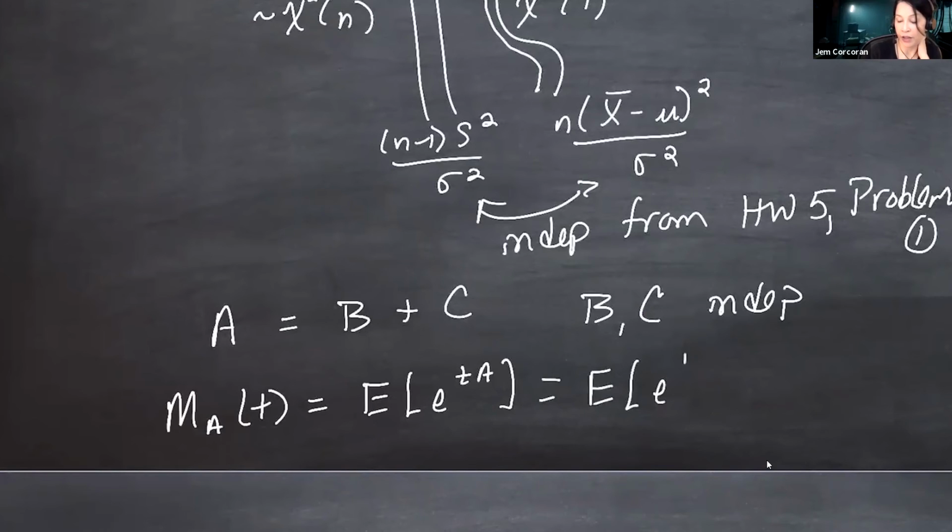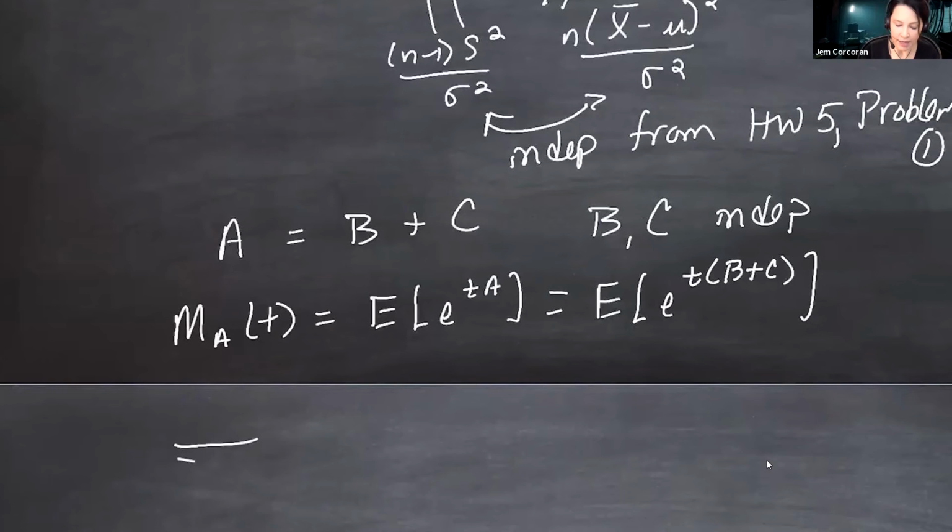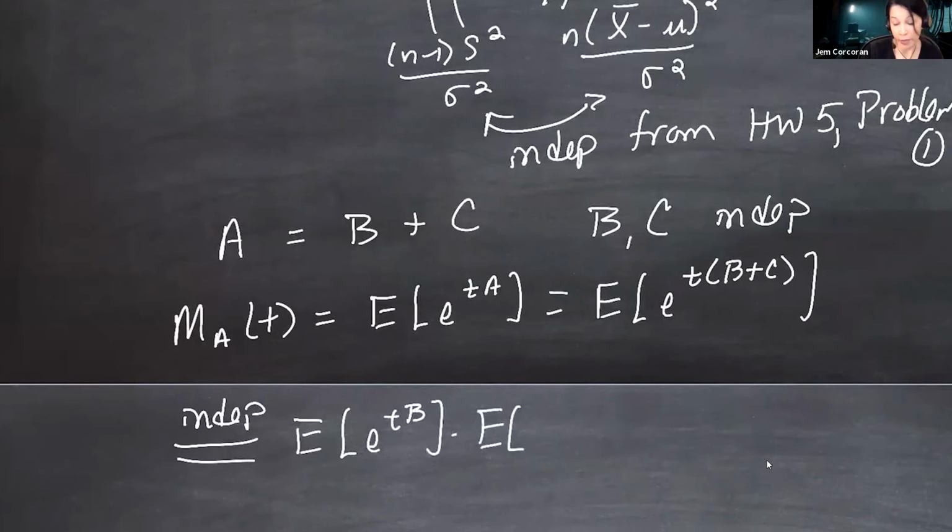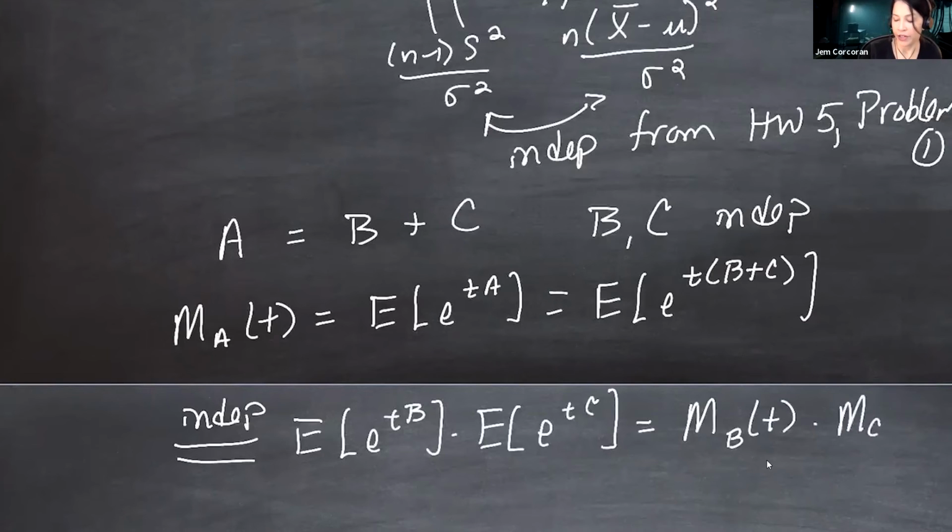That's the expected value of e to the t(B plus C). That is a product, e to the tB times e to the tC. By independence of B and C, you can break up the expectation: this is the expected value of e to the tB, which is the moment generating function of B, and this is the moment generating function of C.